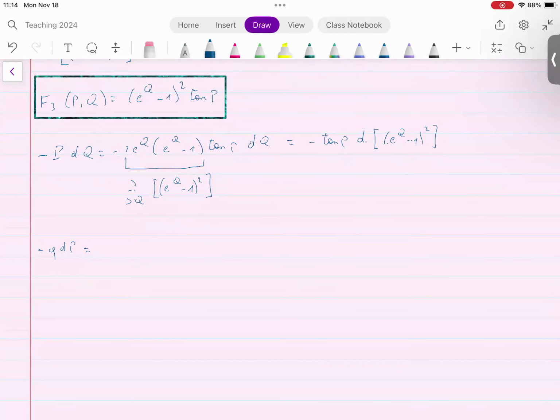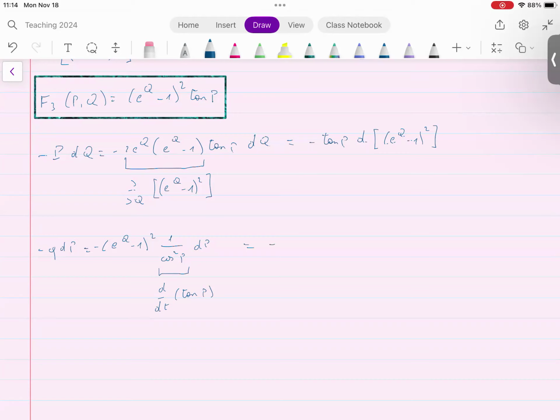So it's e to the Q minus 1 squared times 1 over cosine squared of p times dp, but this is the derivative of the tangent of p.